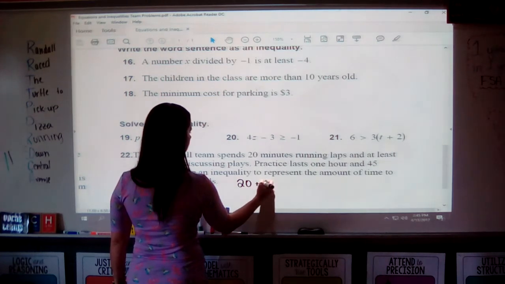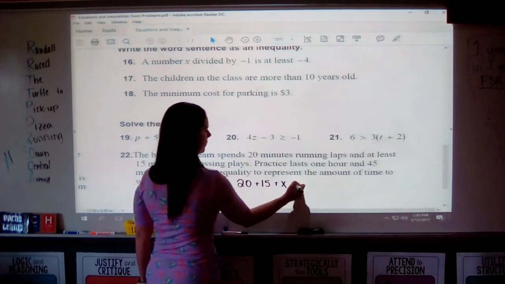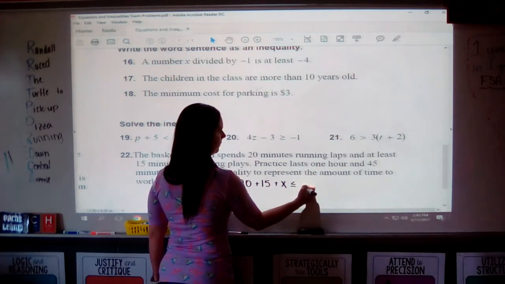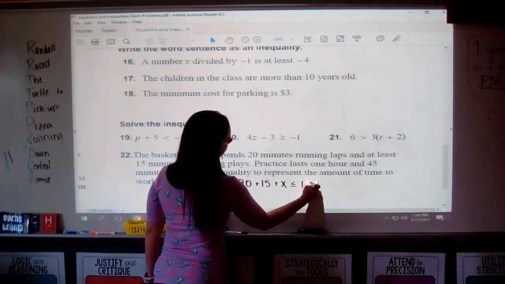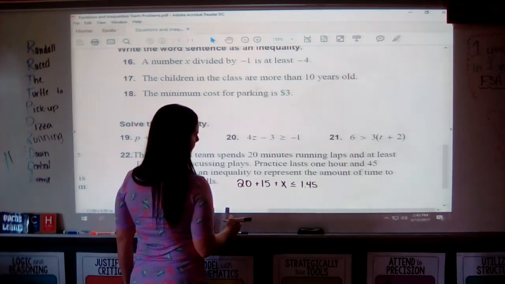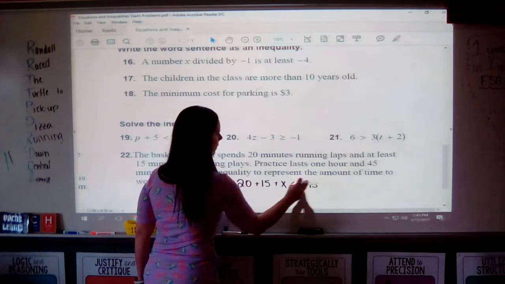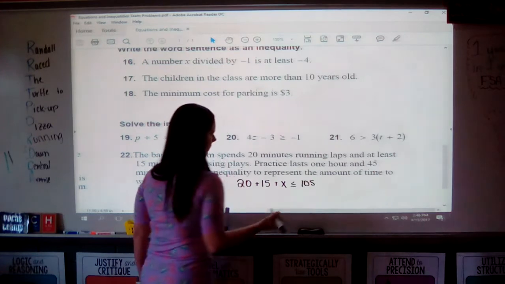So we should have 20 plus 15 plus x needing to be less than or equal to 1 hour and 45 minutes. We're going to turn that into all minutes, so 105 minutes.